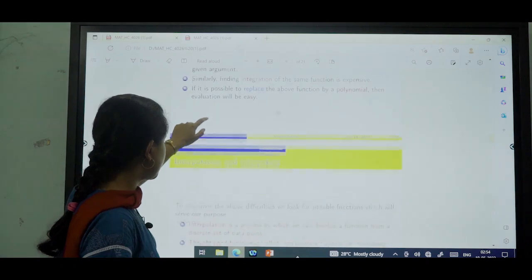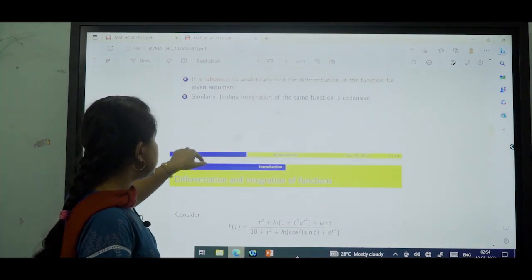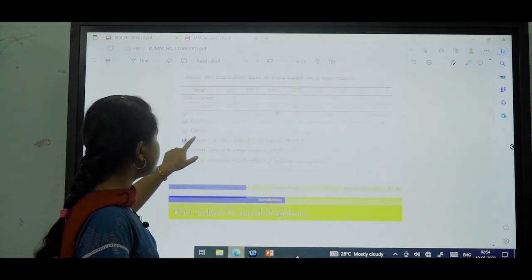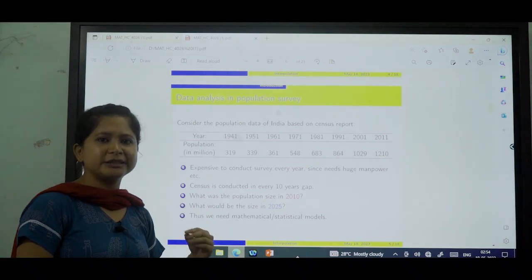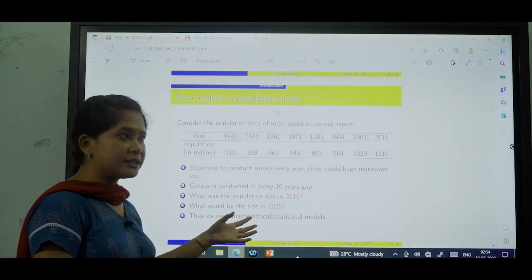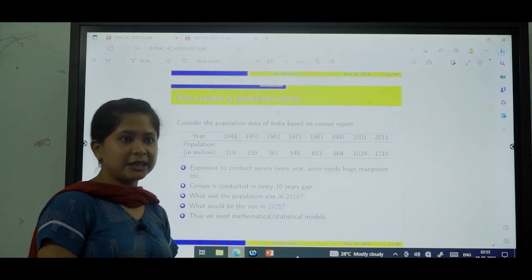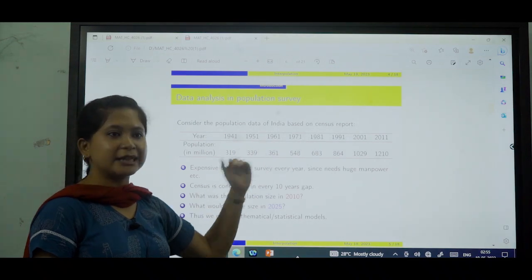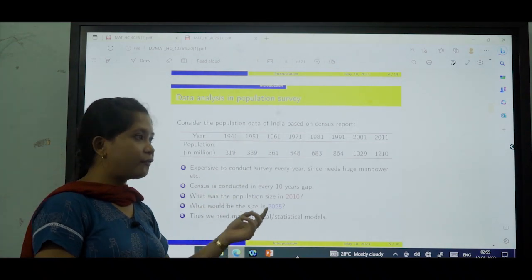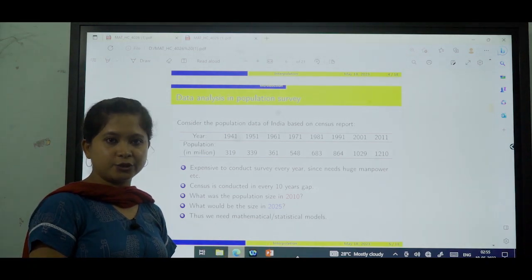Even in our first example, the population survey, instead of finding one complicated mathematical model with many constraints which is not too realistic, if we can find a simpler function which satisfies all these data points, then finding the population in the year 2010 will be an easier task for you.